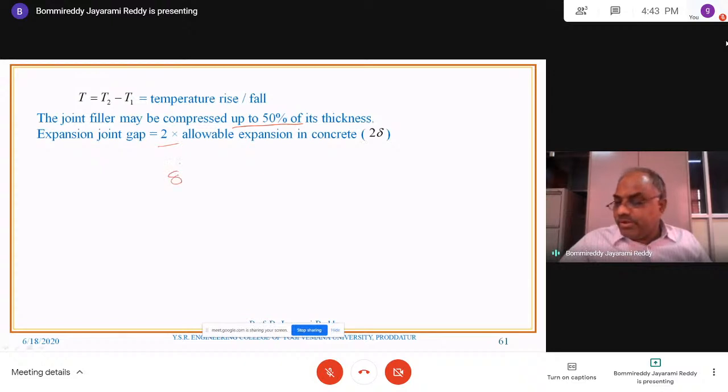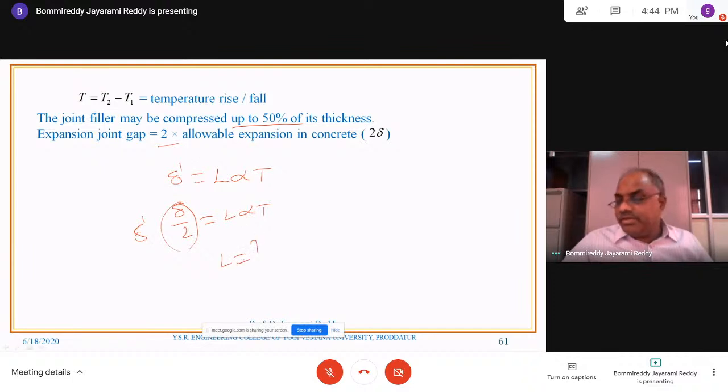So what you do, delta dash will be equal to L into alpha into T. What is delta dash? Delta dash is nothing but delta by 2, which equals alpha L into T. It may be delta by 2 or any other numerical value that may be given. So delta dash equals L alpha T. Basing on this, you can find out the L value.